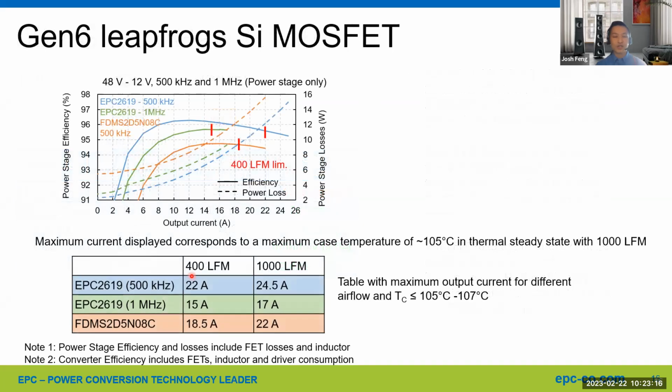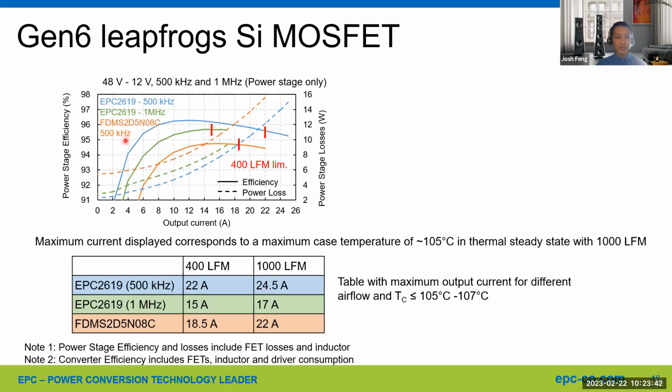Just to summarize, to recap what I shared earlier. In this particular case, the orange line is the silicon 80 volt device efficiency. Typically this is a 48 volt input, 12 volt output PD, upward of 20 amps at the top.